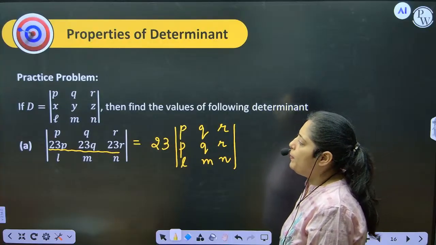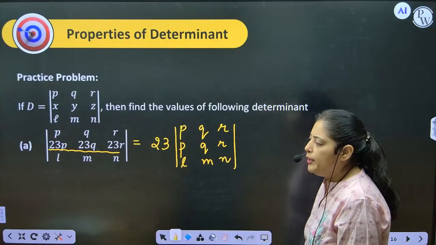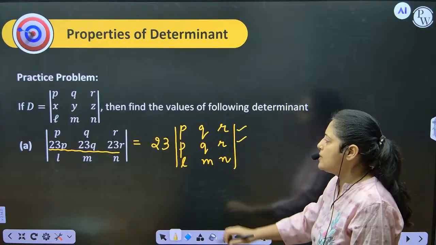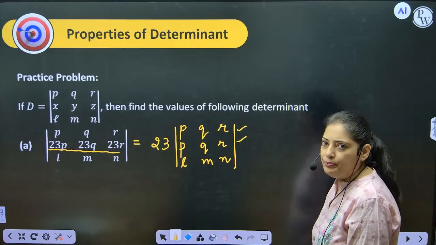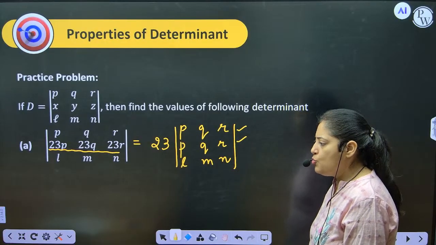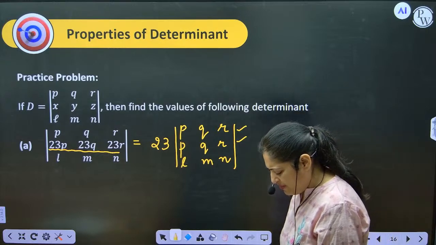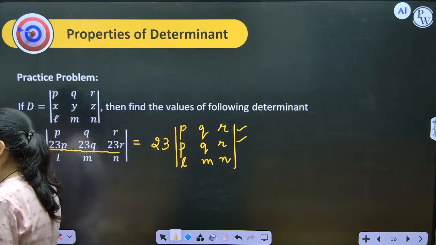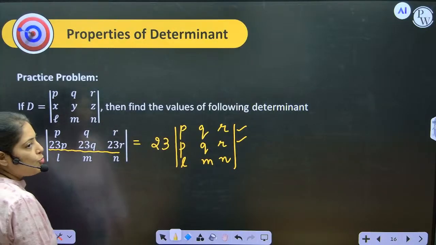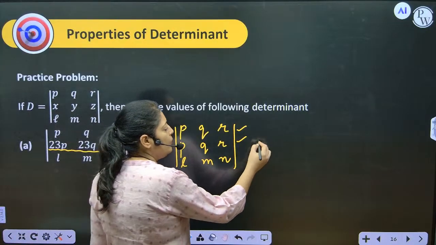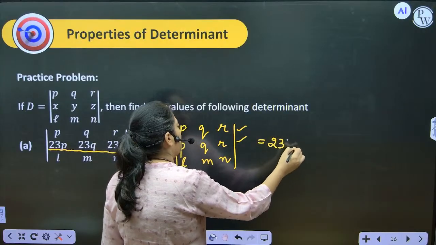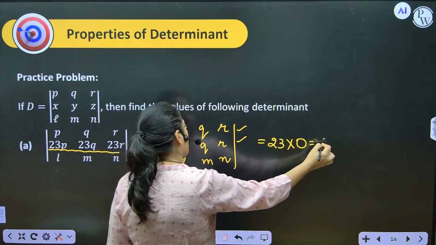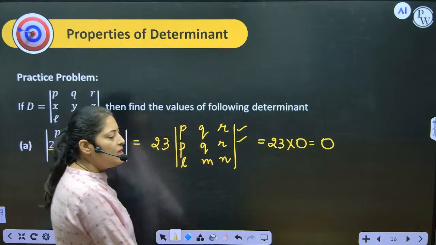Now, one property I told you, whenever two rows are same, identical, the value will come out to be 0 for the determinant. 23 into 0 is nothing but 0. Note it.